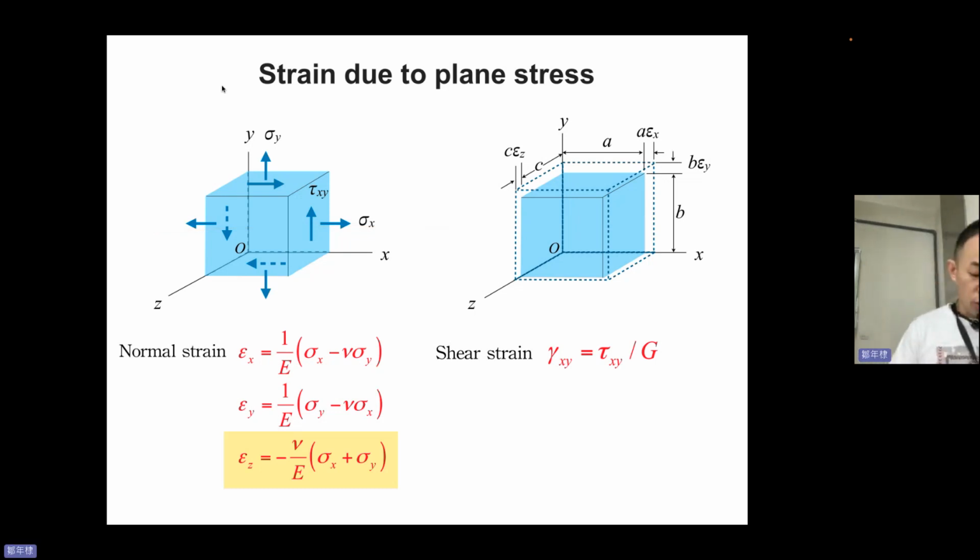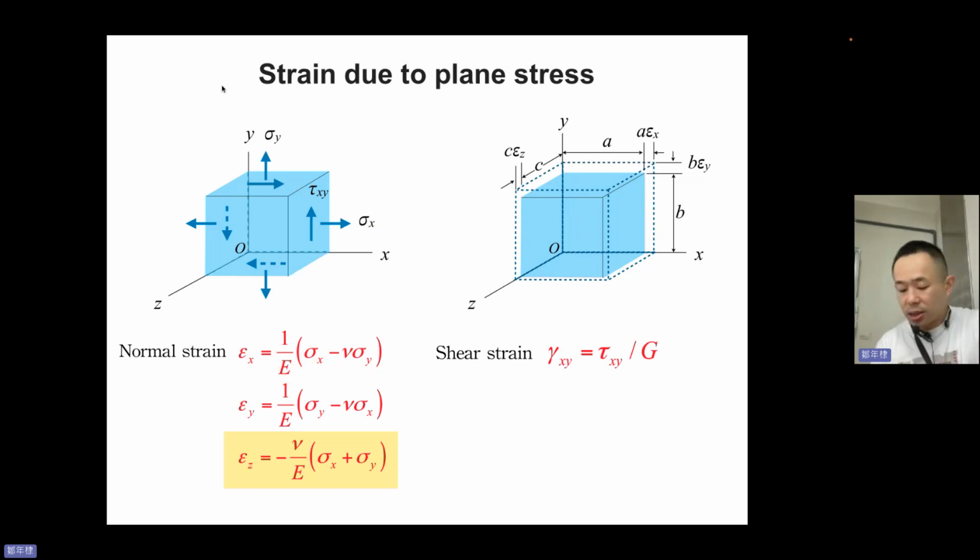Again, I guess you know that, your epsilon x, normal strain in x direction, has 2 contributions. The first one is due to the sigma x tensile. So sigma x divided by E, no problem. You know that very well.